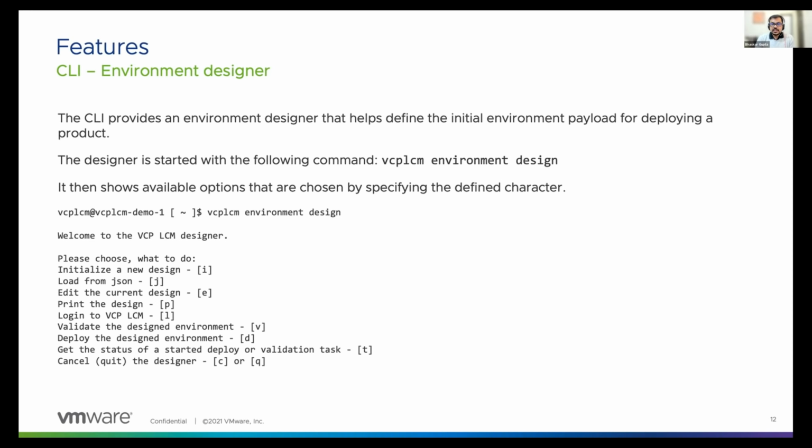To get started, the CLI features an environment designer that helps define the initial environment payload for deploying the product. This designer is started with the command vcplcm environment design. Once you hit enter, it shows available options that are chosen by specifying the defined character. As you can see, I, J, load from the JSON. I'll be talking about this a bit more in the demo as well.